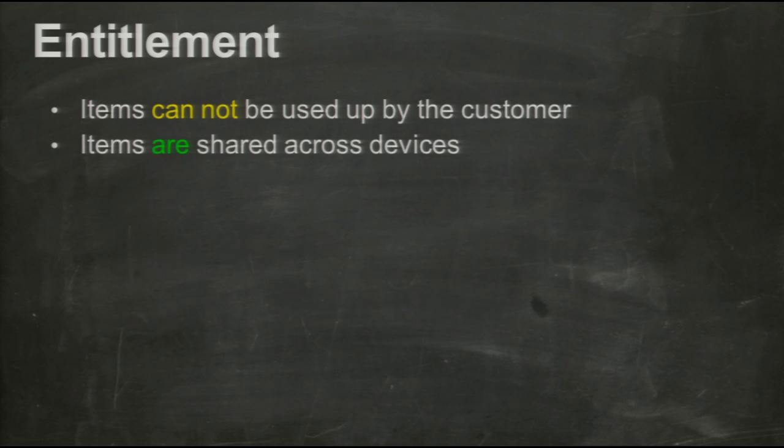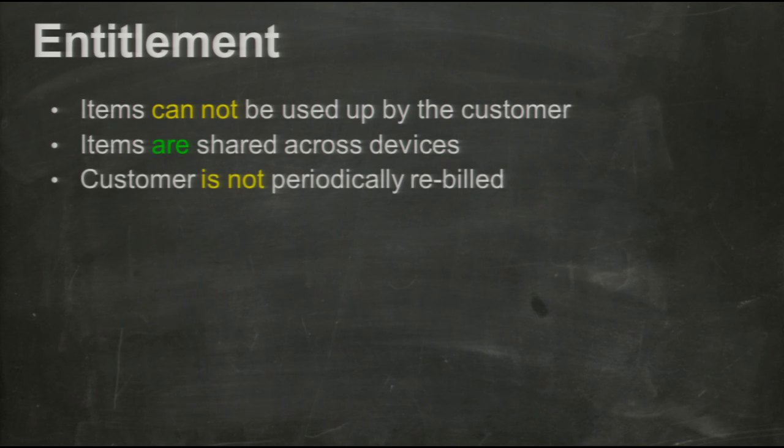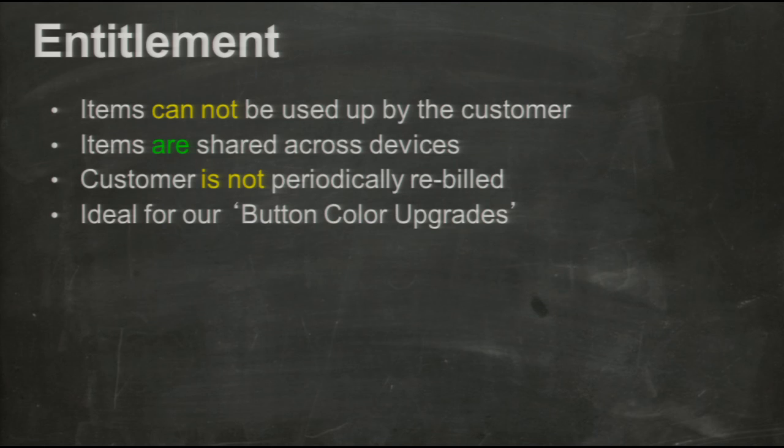So if I'm playing Cut the Rope and I buy the expansion pack on my Kindle Fire, and then I go to continue playing on my Android phone, I would still like to be entitled to the expansion pack across both of those devices. Again, the customer is not periodically rebilled for entitlement content. If I buy the expansion pack, I don't want to be charged again for it. I already have it. So this would be ideal for our button color upgrades feature.